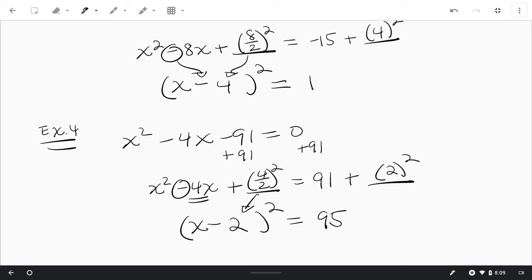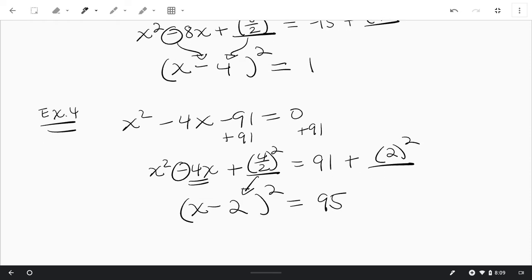Okay. Now, these first 4 examples are quite simple because of 2 things. All of them have a leading coefficient of 1, and all of them also had a second term that was an even number.